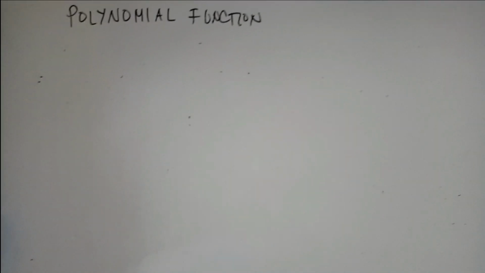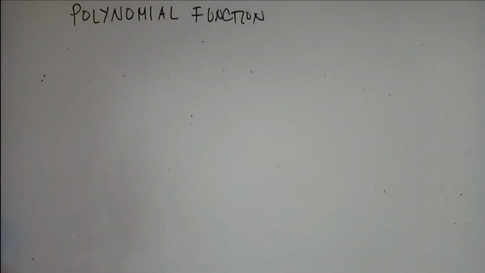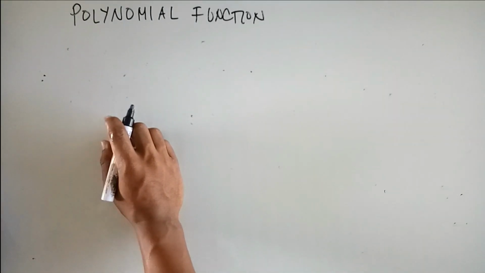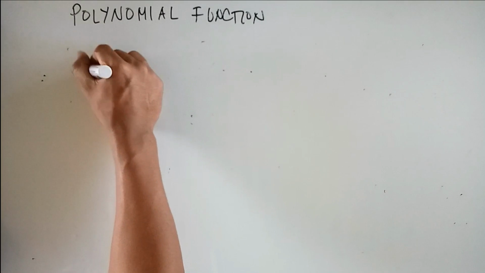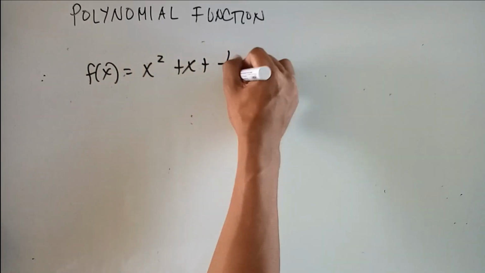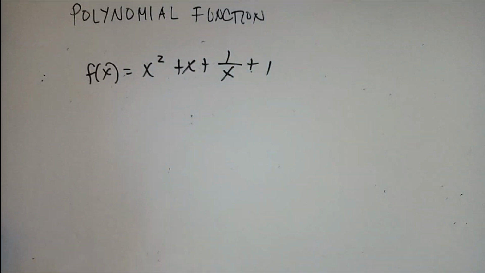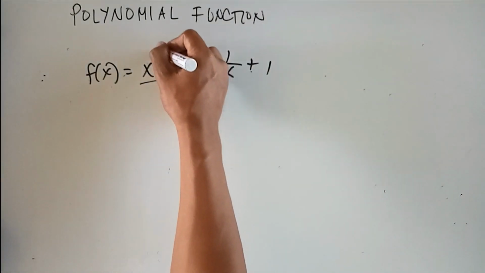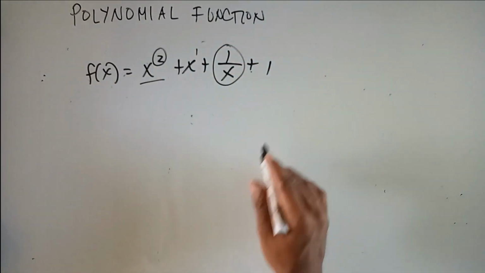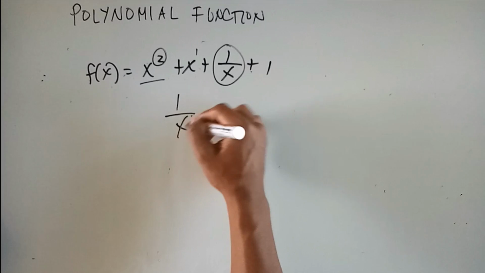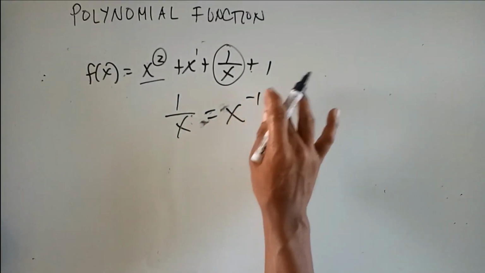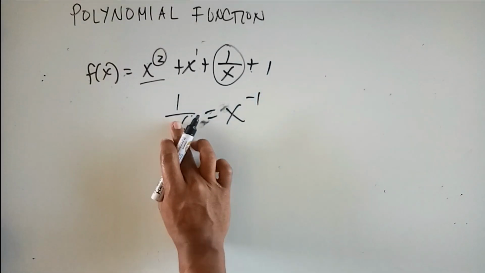Okay, so let's have more examples. For example, you have x squared plus x plus 1 over x plus 1. If you can see, you have an exponent of 2, you have 1. However, you have this one. 1 over x is just the same as writing x raised to -1, because x raised to -1 is the reciprocal of it.